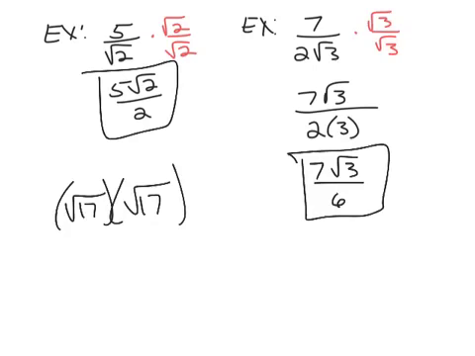So radical 17 times radical 17 is just going to be 17. Radical 5 squared, that's the same as saying radical 5 times radical 5, just going to be 5 when you're done. So that's what this entire process is based on.